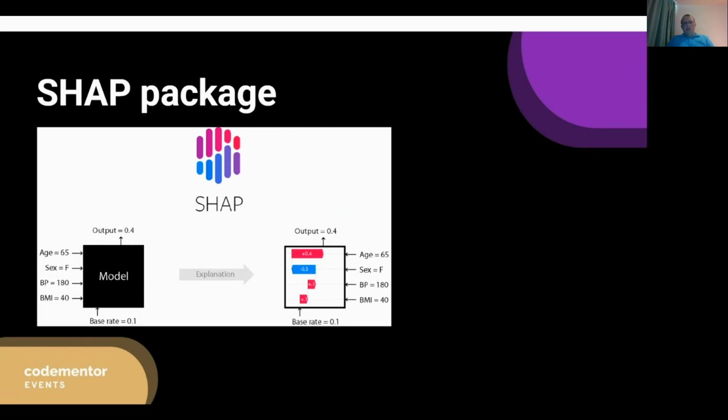And for instance, we can ask why, in this case, the model was triggered. It's almost never triggered for females. But we can say, yes, of course, it was. It shouldn't be triggered by a female, but the age is 65, so it was triggered. I hope something good happens here. I don't know what this model is about.